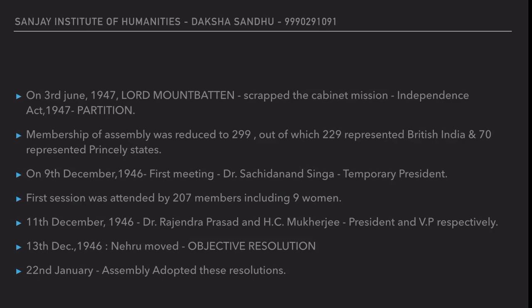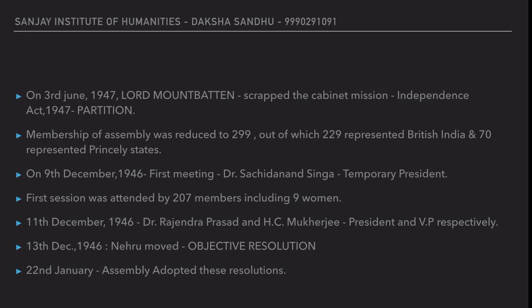As a result of the partition under the Mountbatten Plan of 3rd June 1947, mark the dates guys, these dates are very important. You have to remember the dates and the year. On 3rd June 1947, a separate constituent assembly for Pakistan was created, and representatives of some provinces ceased to be members of the Constituent Assembly of India.